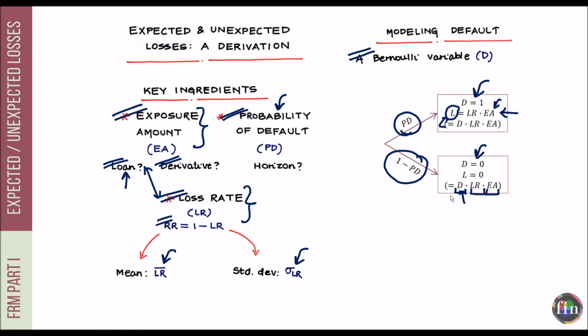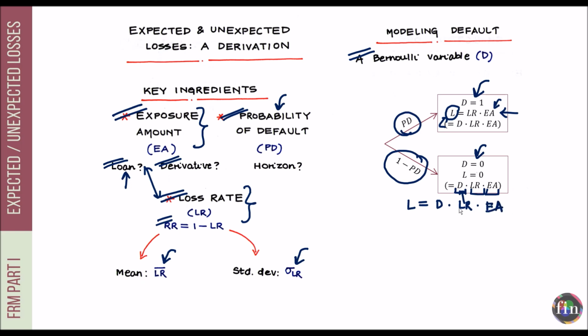So net, what we've achieved by this very simple model is that the loss, which I know is random, I do not know what my loss will be at the end of the horizon. All I am saying here is let loss be the product of, ideally speaking, three random variables: D, which determines default, LR, which determines the loss rate, and EA, which determines the exposure.